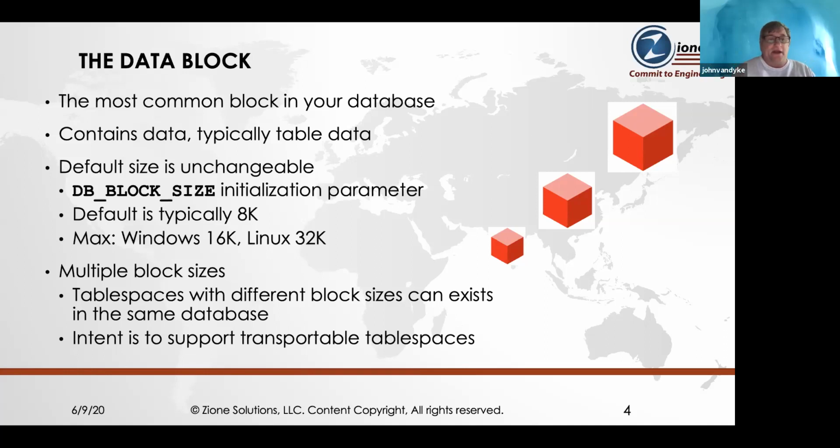So it's going to contain data almost always. Like I said, there are index blocks and temp blocks and things like that that are structurally similar to a data block, but they're going to contain other stuff. So their header and stuff is going to be different. But yeah, a data block is going to have data in it.